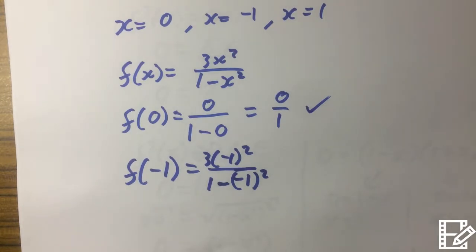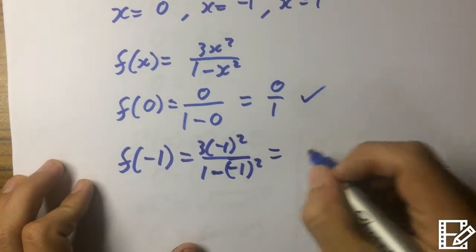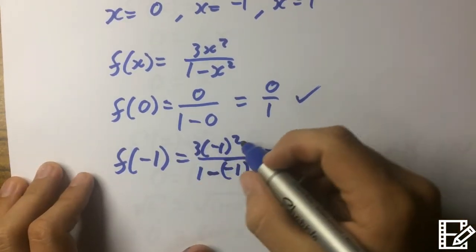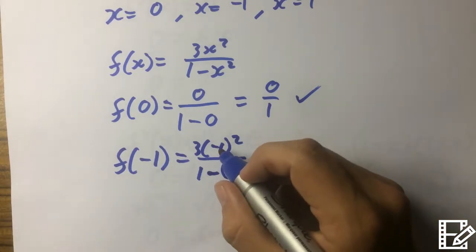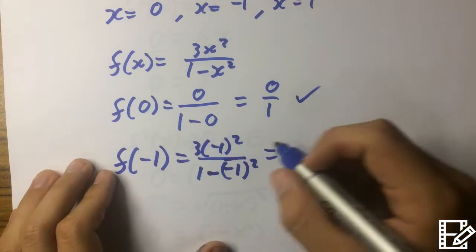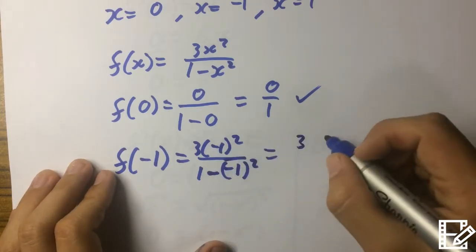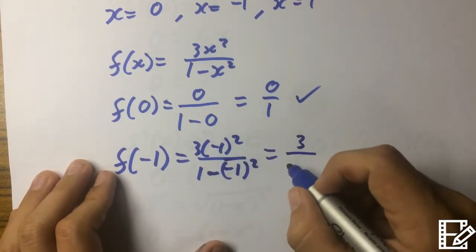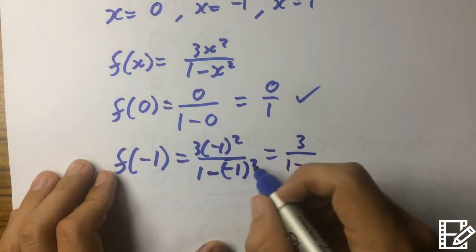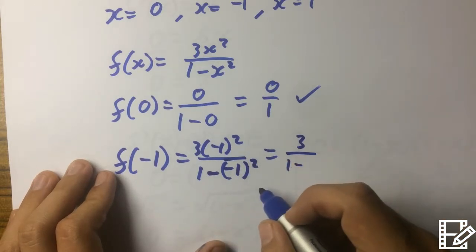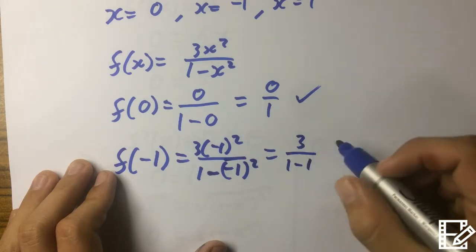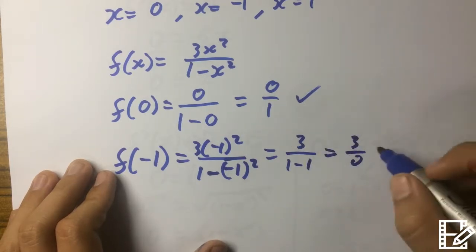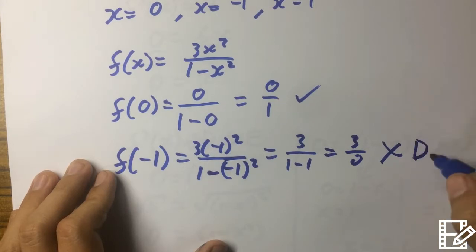That's the problem, because on top negative 1 squared is 1, and you just have 3, but that'd be over 1 take negative 1 squared, which is 1, so it'd be 1 take 1, which would equal 3 on 0, which is a problem, that does not exist.